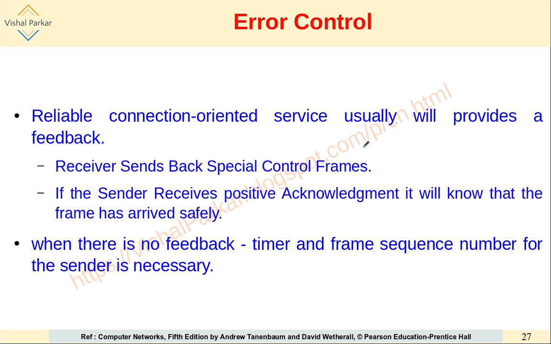It may so happen that if the frame is delayed somewhere, it couldn't be transmitted in the predefined time, and the frame may arrive after that time. As the sender has not received the feedback, it has simply sent a copy of the same frame. So the two copies of the same frame may be received at the receiver.